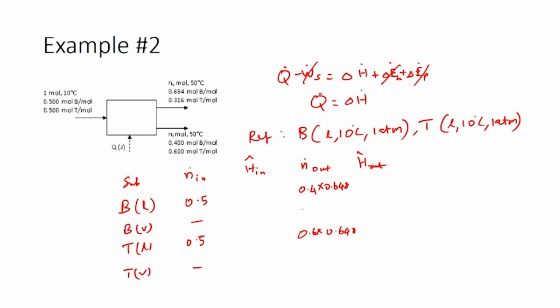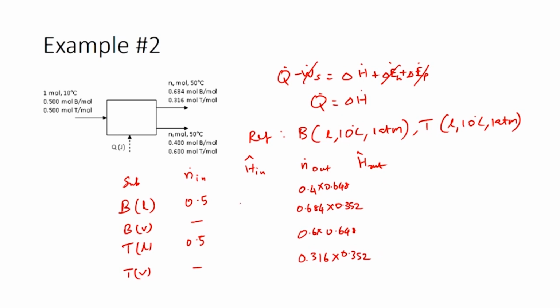Benzene vapor would be leaving through the vapor stream, which is 0.684, the mole fraction of benzene in the vapor phase, times NV, which is 0.352. Similarly, the number of moles of toluene vapor would be 0.316 times 0.352. So, we can calculate these values, which would give us the number of moles of individual components entering and leaving the system.